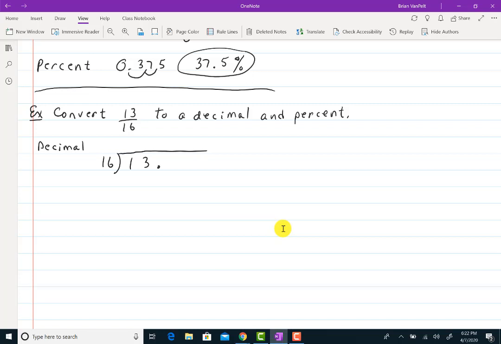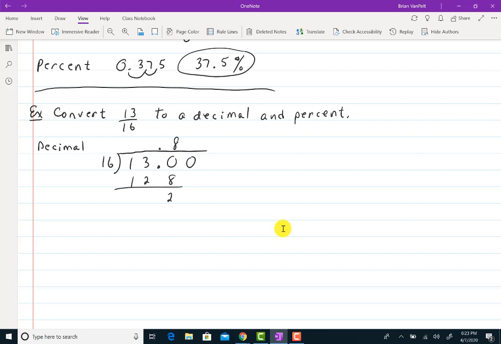Give yourself a lot of room. I usually do when I do long division. 16 doesn't go into 13, so I'll add a 0. 16 does go into 130. How many times? 9, let's see, 8. I think 8 times. 8 times 16 is 128. When I subtract, I have a 2.